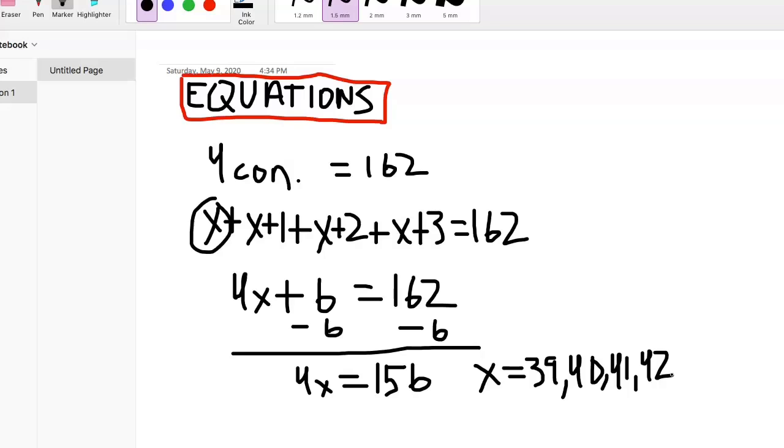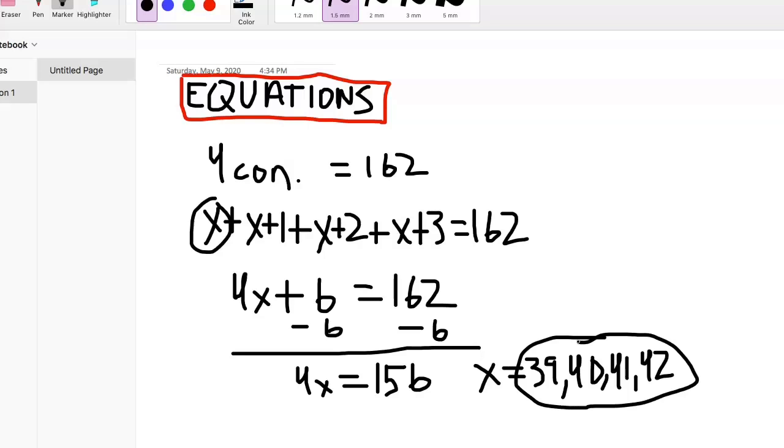Okay, so then you can look at them and add these 4 up, 39 plus 40 plus 41 plus 42, what do you know? Those 4 add up to 162. So we did it right. So this is our answer here, though. The 4 consecutive integers are 39, 40, 41, 42. Okay, so that's how you do it math-wise.